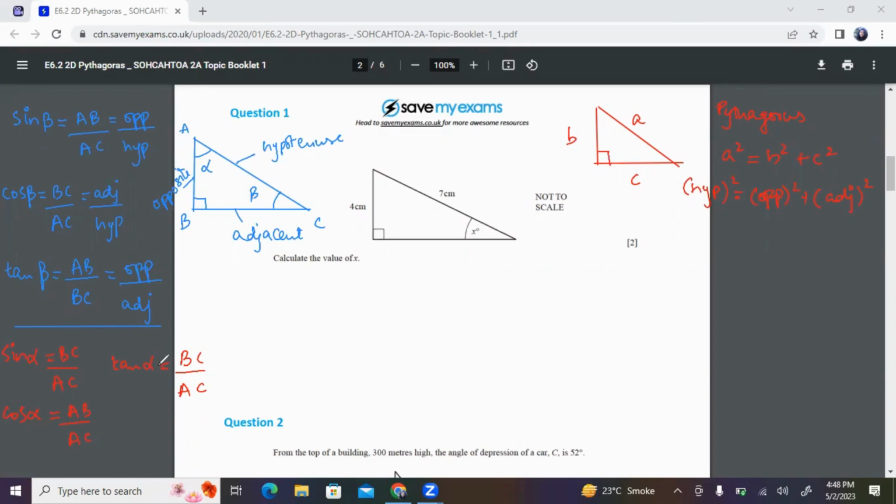Keeping all of this in mind, if you look at question number 1, it has given us a right angle triangle. It has given us two lengths, and it wants us to find the unknown, which is an angle. We first deduce that the diagonal is always the hypotenuse, so this is going to be our hypotenuse.